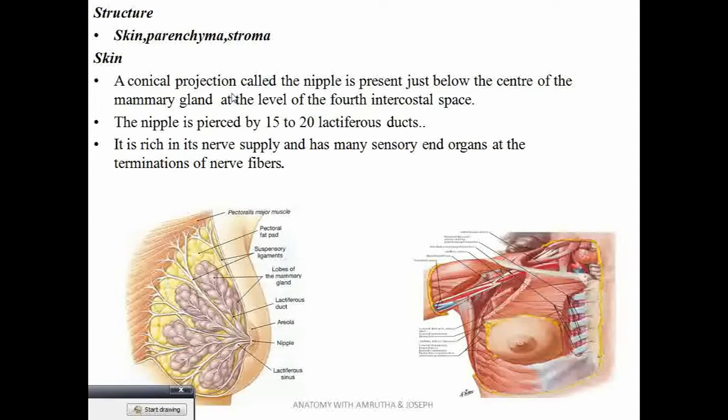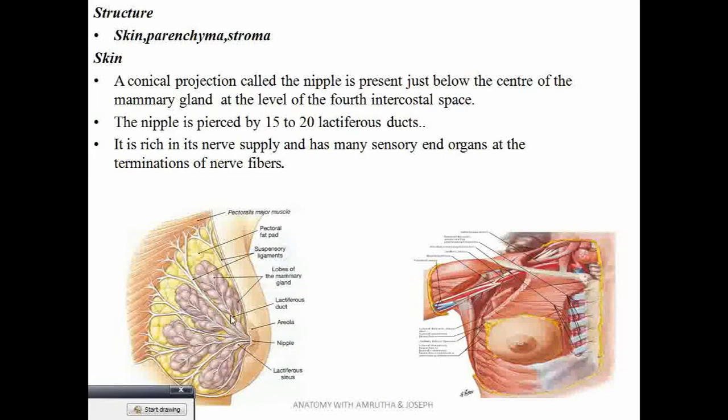So there's a conical projection called nipple present just below the center of mammary gland at the level of fourth intercostal space. So the position of the nipple is the fourth intercostal space, and the nipple is pierced by some lactiferous ducts ranging from 15 to 20 lactiferous ducts.